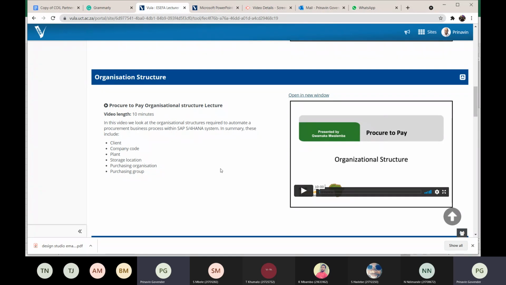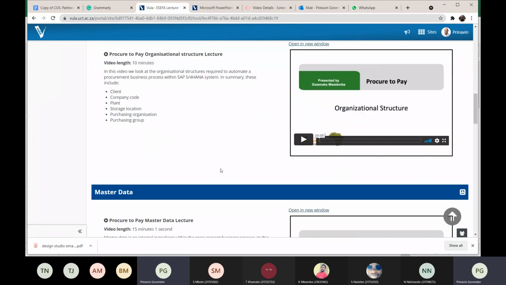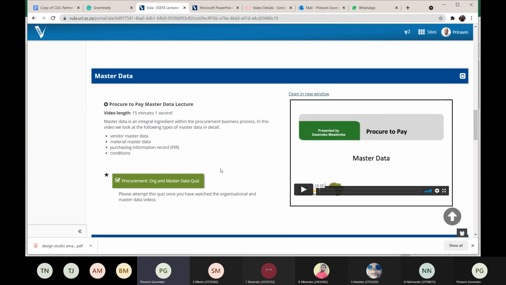So we know what's our client number, we know the company code, and if you did the practical work, you'll realize that we are dealing with a company in Lusaka, and there's various suppliers to that company. Under master data, we'll be talking about the vendor master data, the material master data, the purchasing information record.